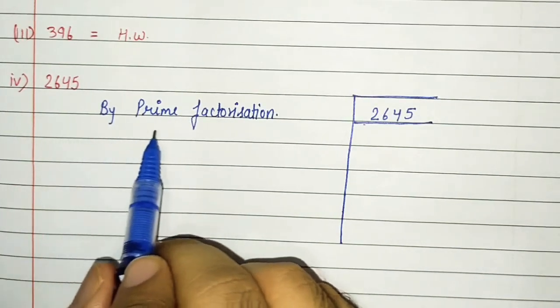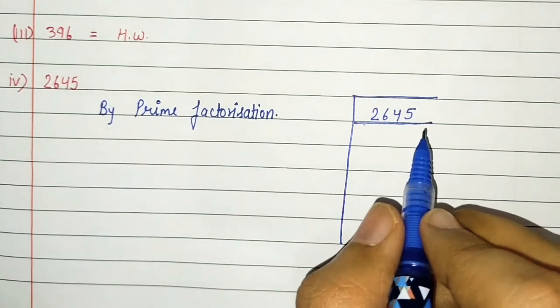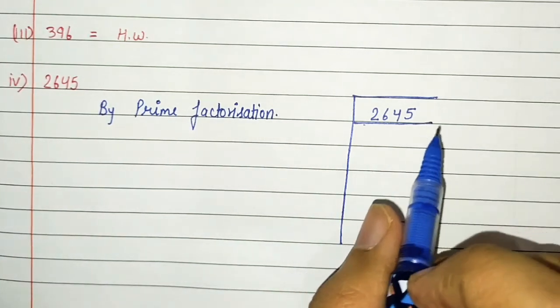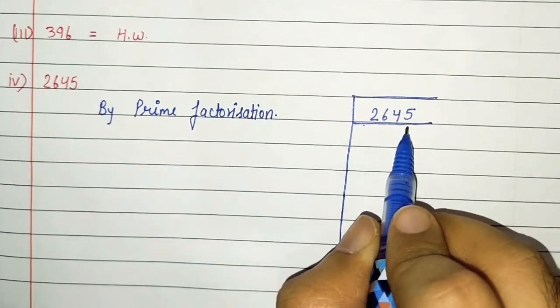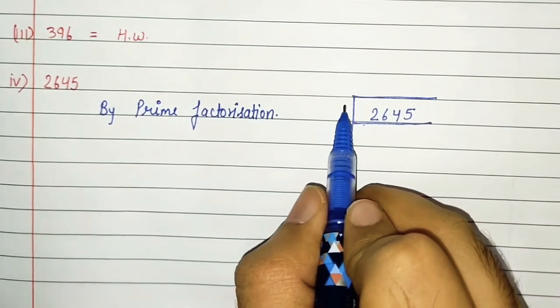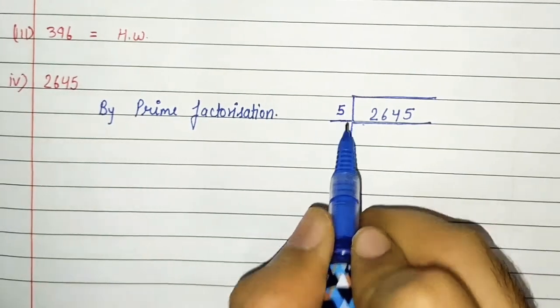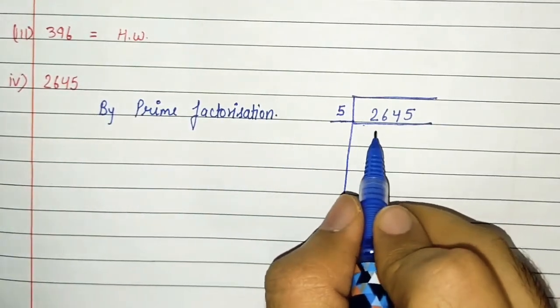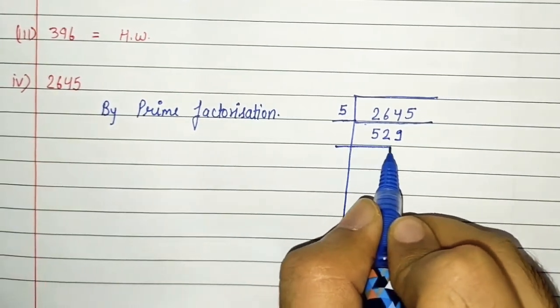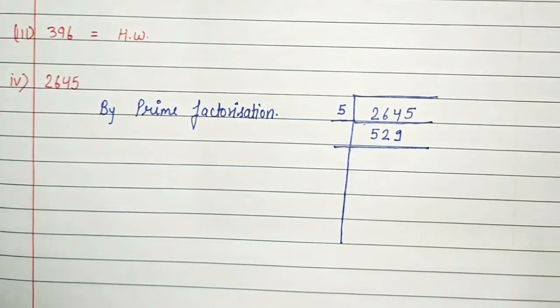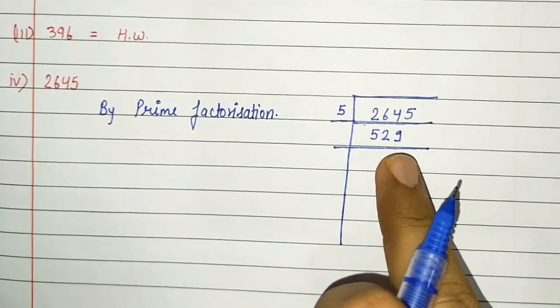By using prime factorization, we will do the prime factors of this number. So this number is not divisible with 2. If you check, this is not divisible with 3 also. So now we will divide directly with 5. So after division you will get 529. This number 529 we have done in question number 4.